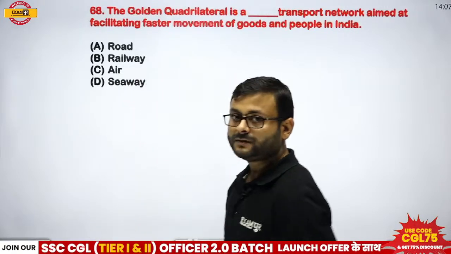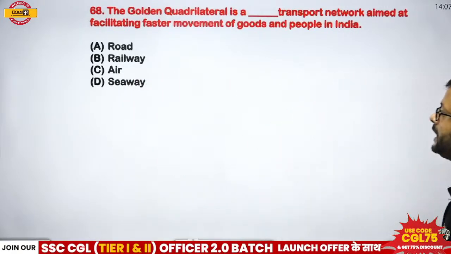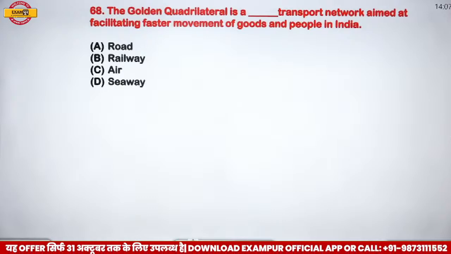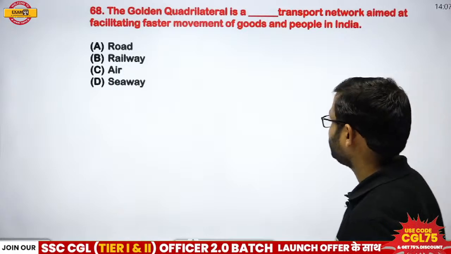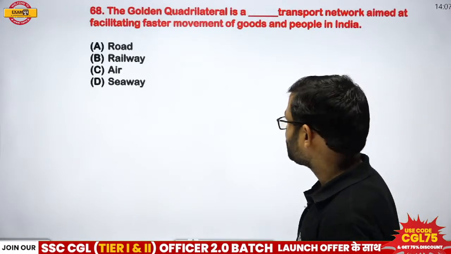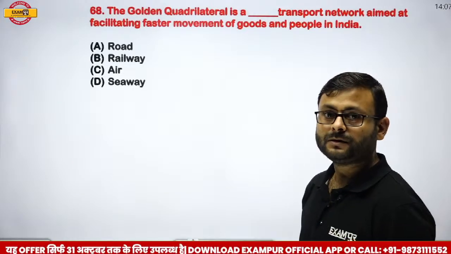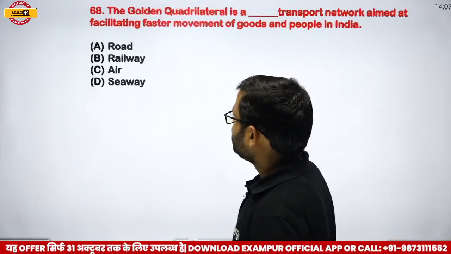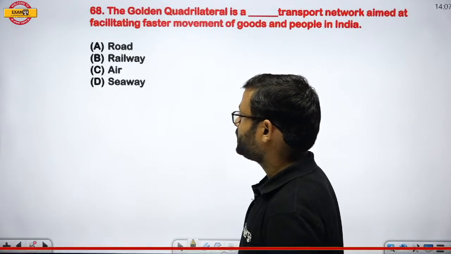Here comes the next question for you: the Golden Quadrilateral is a dash transport network aimed at facilitating faster movement of goods and people in India. The question is asking about the project, and which infrastructure it is related with: road, railway, air, seaway.